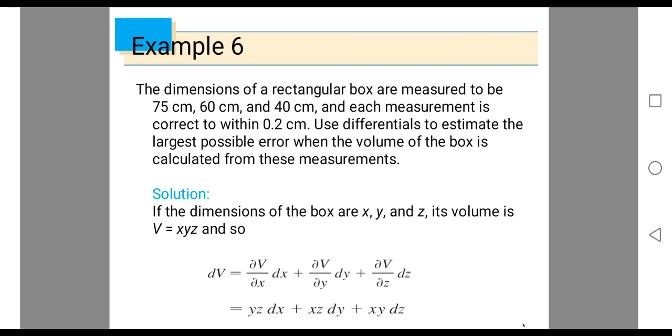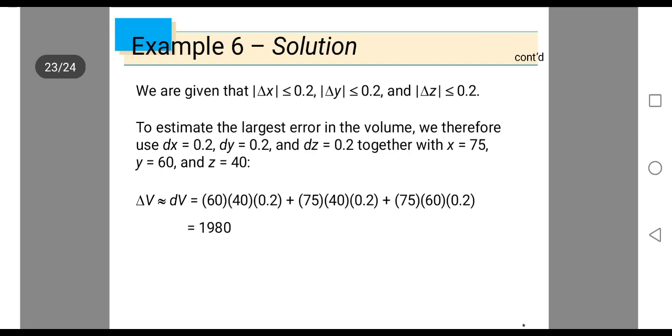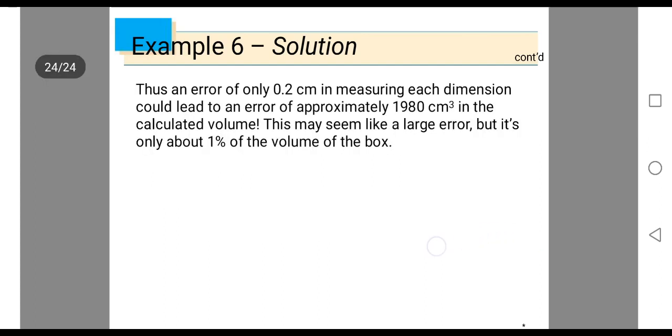So to estimate the largest error in the volume, we therefore use dx is equal to 0.2, dy is equal to 0.2, and dz is equal to 0.2. Together with x is equal to 75, y is equal to 60, and z is equal to 40. Okay, plugging in all those values, what do we find? 1980. All right. So we find this as our answer, 1980, right?